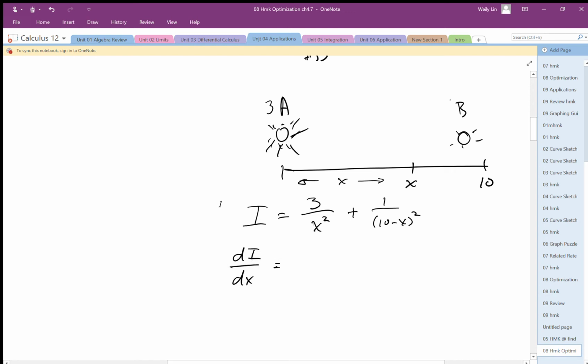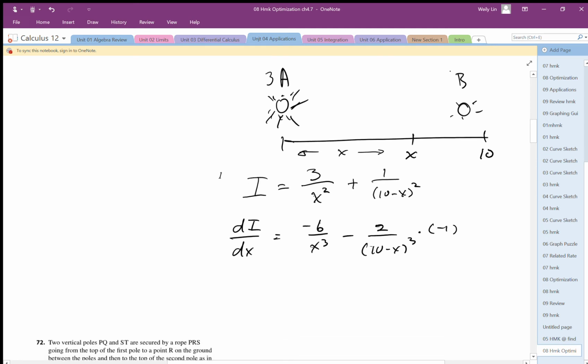So I'm going to differentiate with respect to x. I get negative 6 over x cubed minus negative 2 over 10 minus x cubed, and then I have to multiply that by the negative on the x. So there is my derivative.